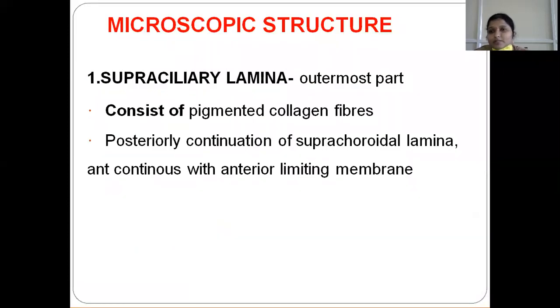Coming to the supraciliary lamina, it is the outermost part and is the condensed part of the stroma, and it contains pigmented collagen fibers. It continues posteriorly as the suprachoroidal lamina and anteriorly it continues with the anterior limiting membrane.